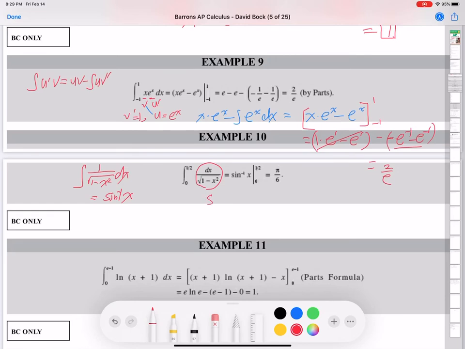So sine inverse of x from 0 to 1/2. Plug in the top number, sine inverse of 1 over 2, minus sine inverse, plug in the bottom number, which is 0. So sine of what angle is 1/2? Sine 90 degrees, which is pi over 2, right?